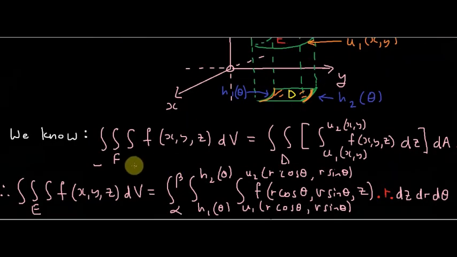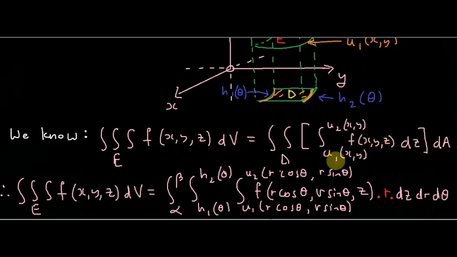Now, we know that the triple integral over the solid region E, in this case where it's a type 1 region, will come out to this, where we have dz evaluated first.